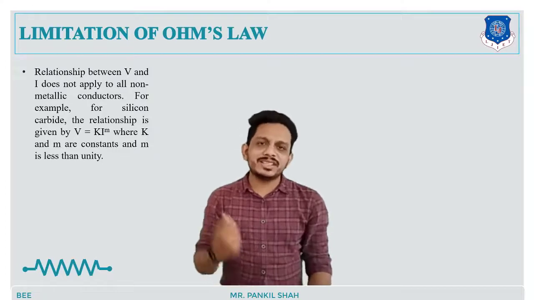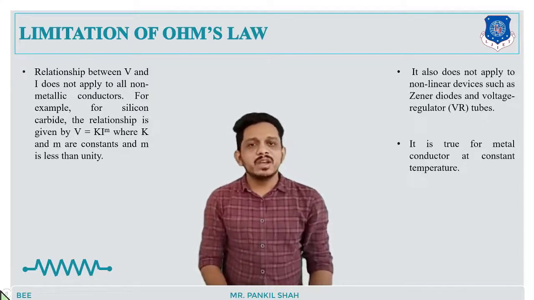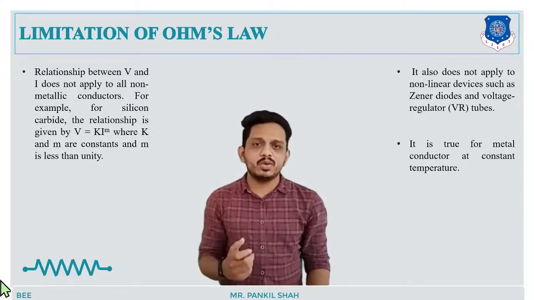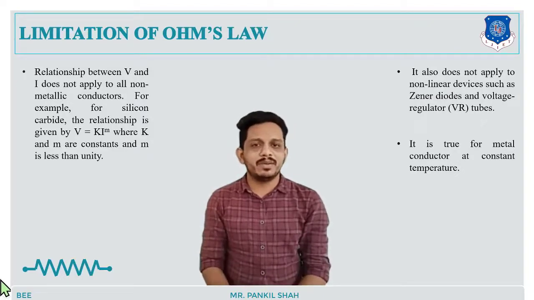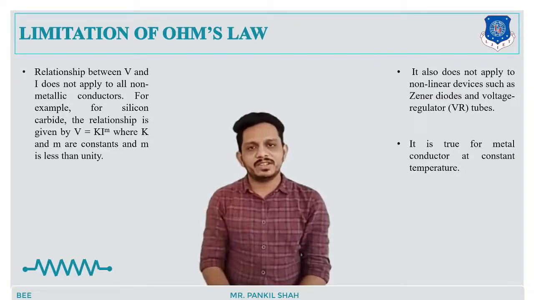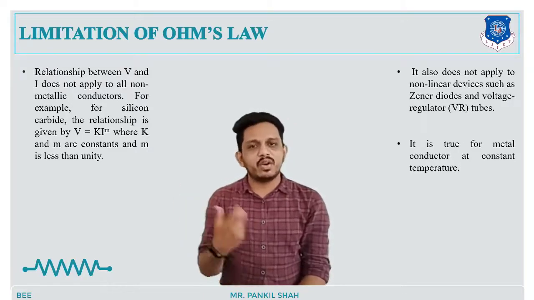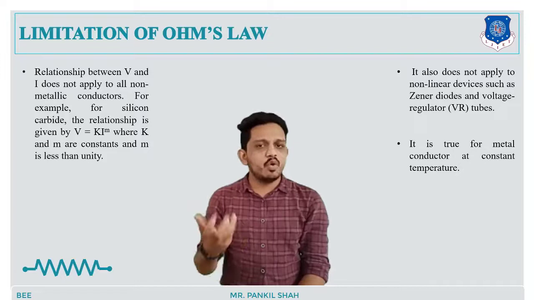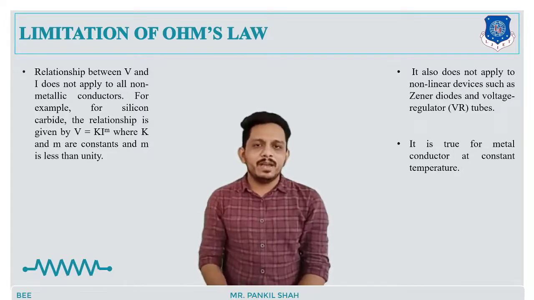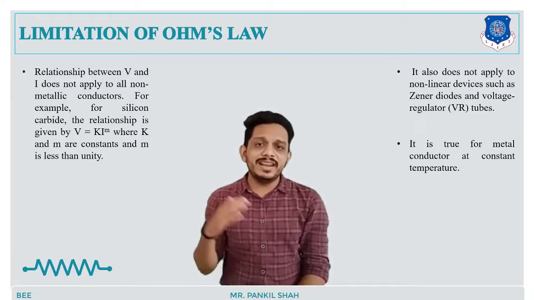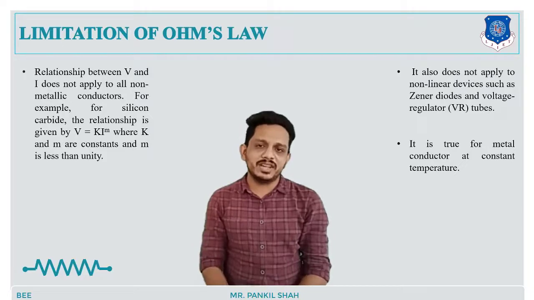Now let's see the second limitation of Ohm's law. It is not applicable to non-linear elements, such as Zener diodes or voltage regulators. In these semiconductor or non-linear devices, Ohm's law cannot be applied because they do not follow linearity between voltage and current.